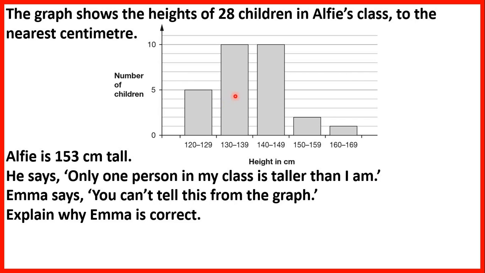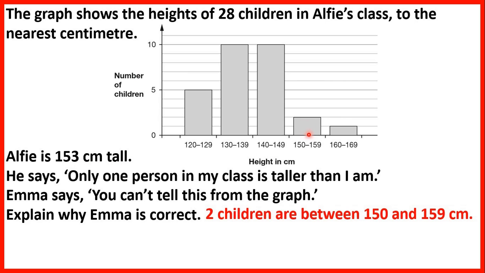So if we look at our bar graph, we can see that we have the number of children and their height in centimetres. Alfie is 153 centimetres tall, so he's one of the children in this bar here. If we read across, two children are between 150 and 159 centimetres.